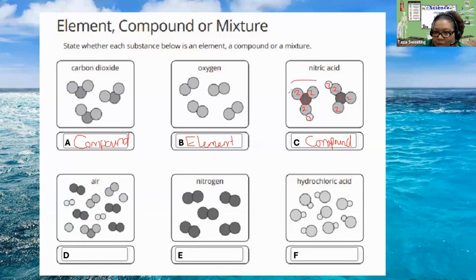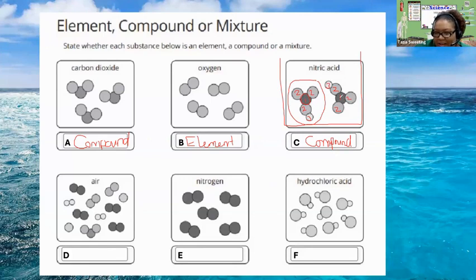Because we identified this one as a compound, everything else in this container has to look exactly like this one for it to all be considered a compound. If there is anything else that's different in here, this is no longer just a compound. It is now a mixture of a compound and something else.